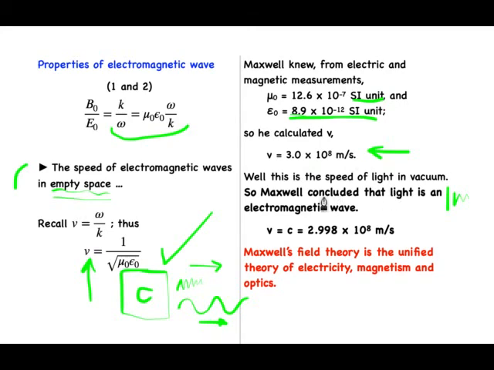So the fact that light was made of waves is not too surprising. The fact that it was electromagnetic was the big surprise. So Maxwell's field theory, published over 100 years ago, is, even today, the unified theory of electricity, magnetism, and optics.